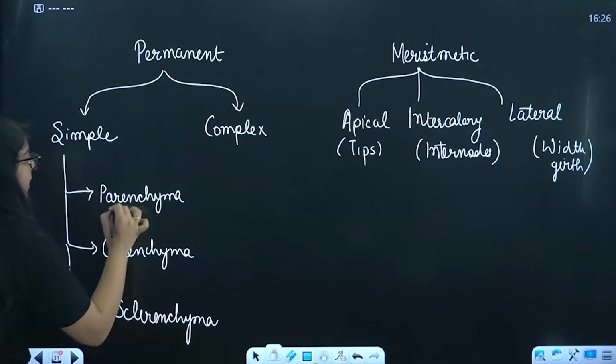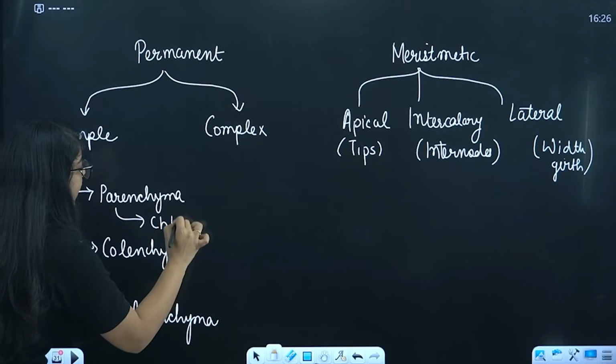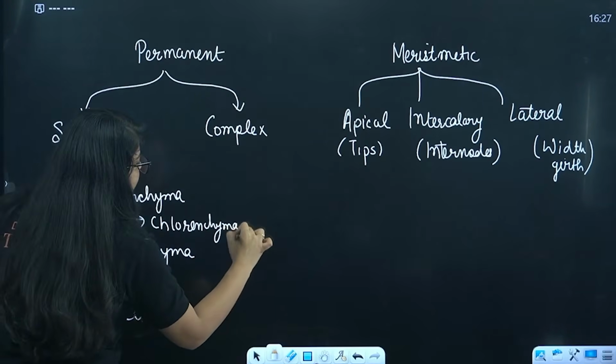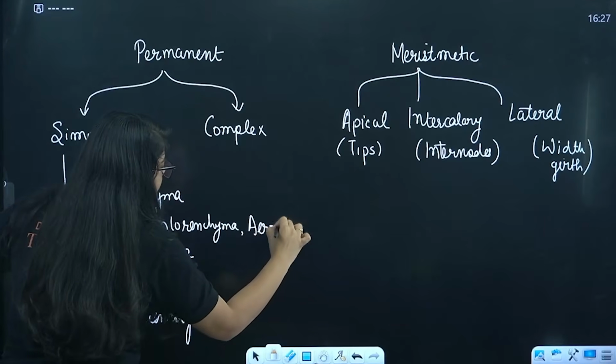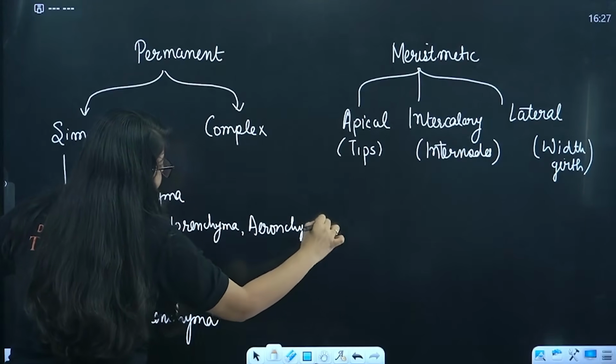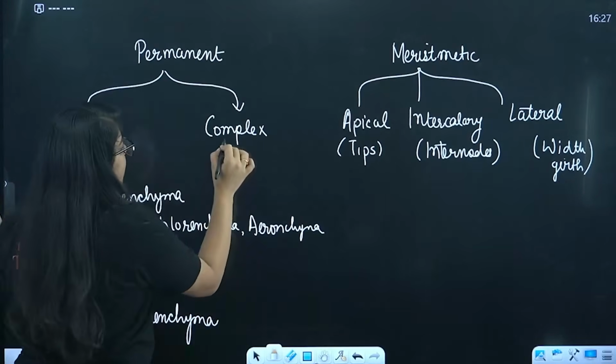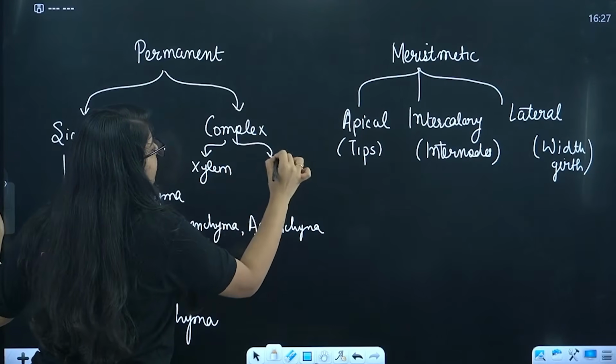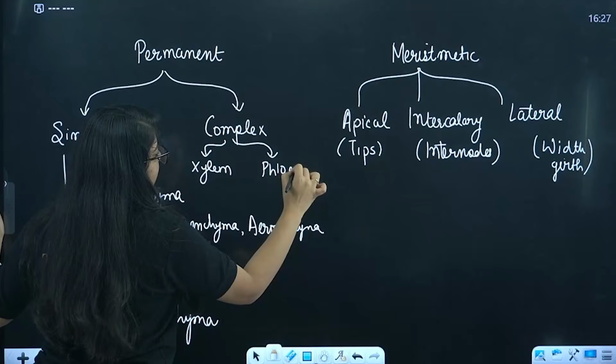Also beta, in parenchyma we have chlorenchyma, and we have aerenchyma as well, right? But in complex, we only have 2, that is your xylem and your phloem.